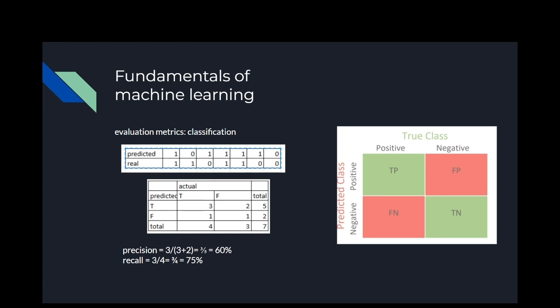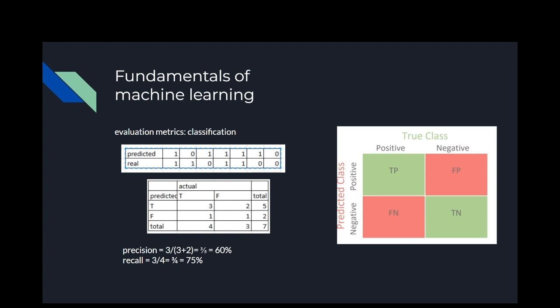If we put those results in a matrix, we have 3 true positives, 1 true negative, 2 false positives, and 1 false negative. So in order to calculate the precision, it's very simple.